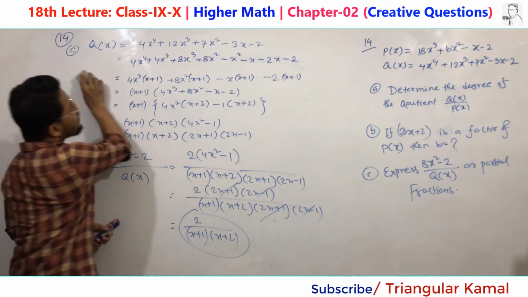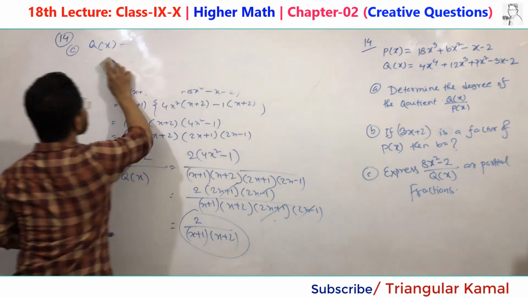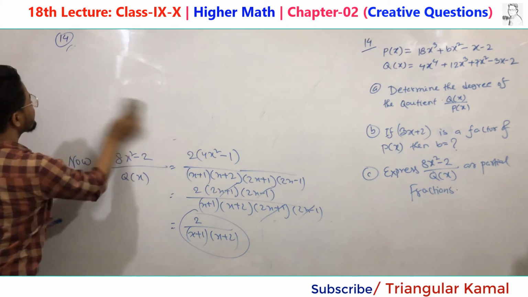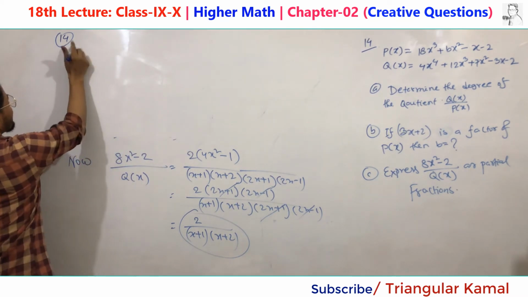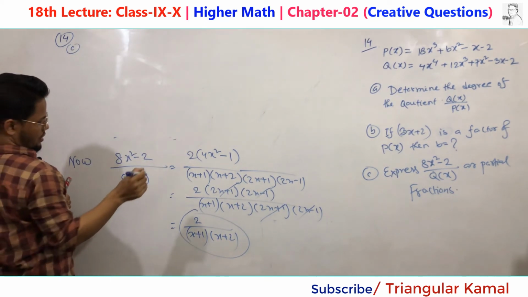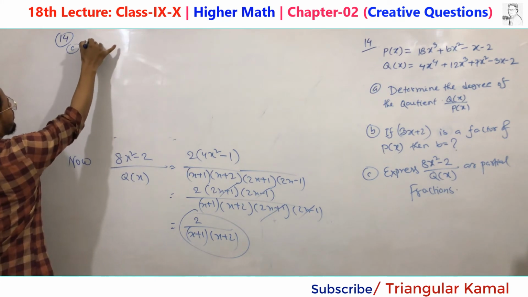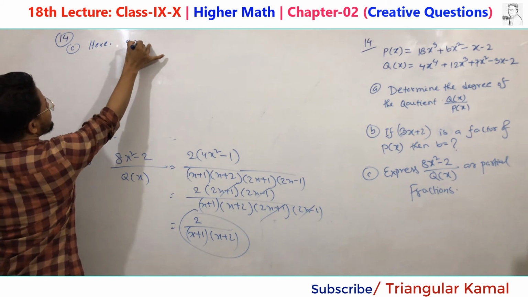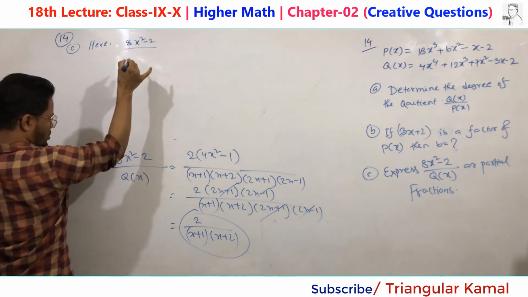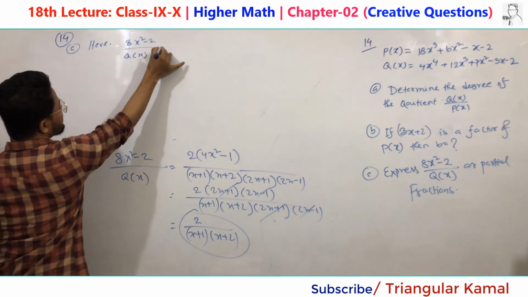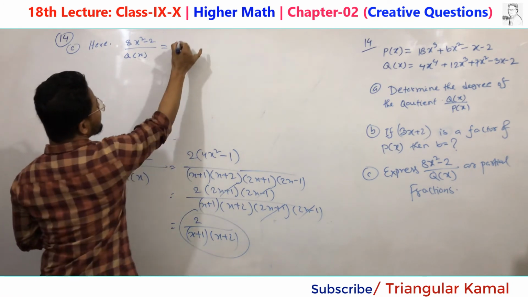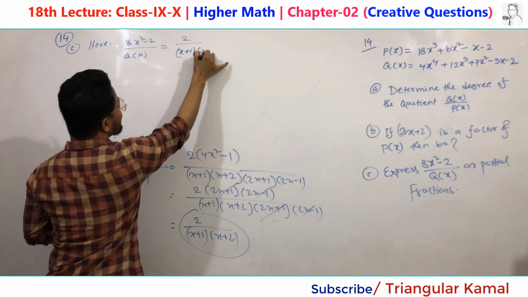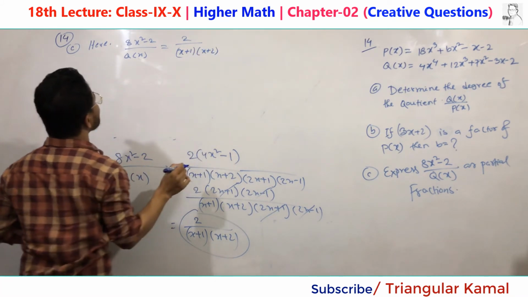So start from the first line, second part. Let 8x square minus 2 divided by cube of x, finally we get the answer 2 by x plus 1 and x plus 2.